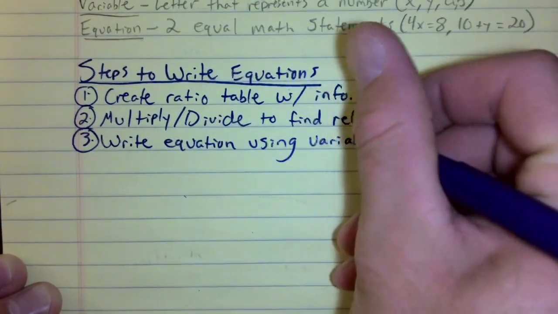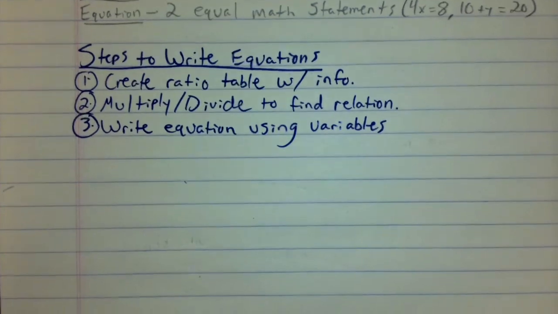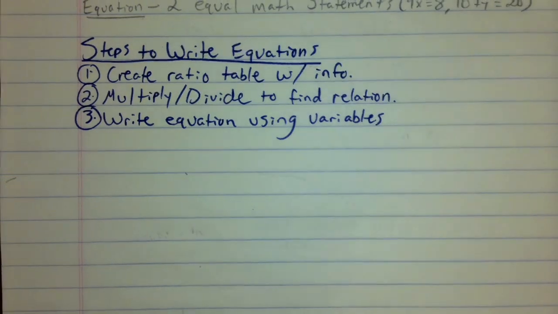That's it. So step one is to create the ratio table with information. Step two is multiply or divide to find relationship. And step three is write equation using variables.